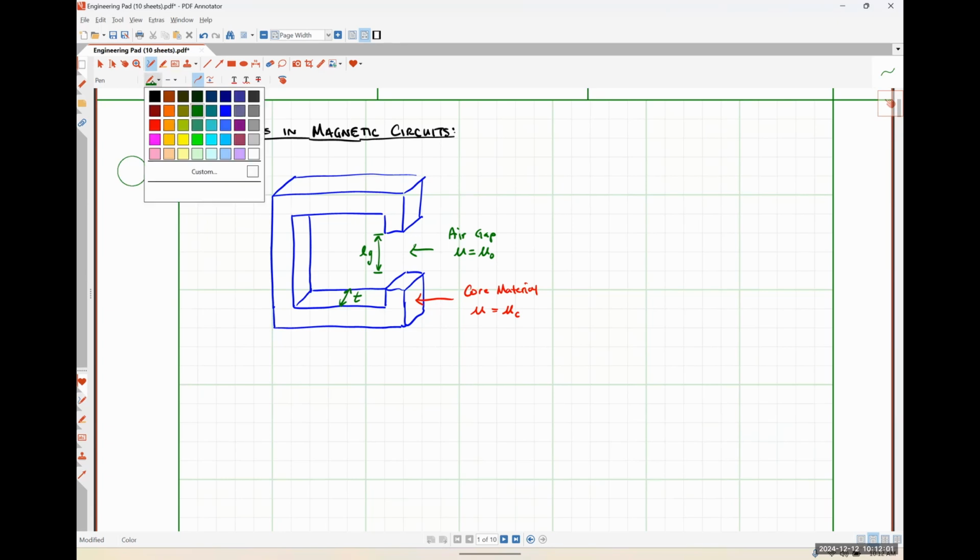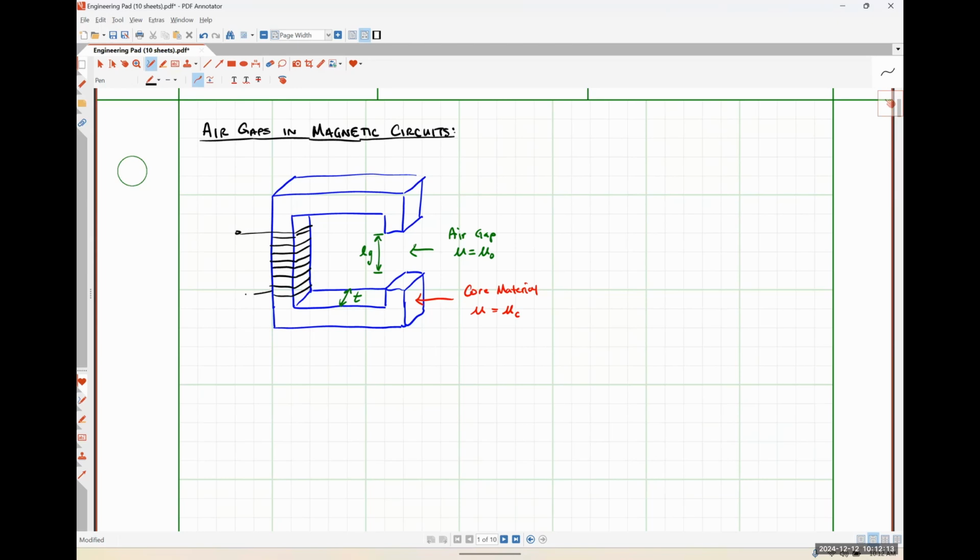So let's say that I wrap a coil around this core using the same winding that I have done every other time. And I'm passing some current I through here, and our coil has N number of turns.